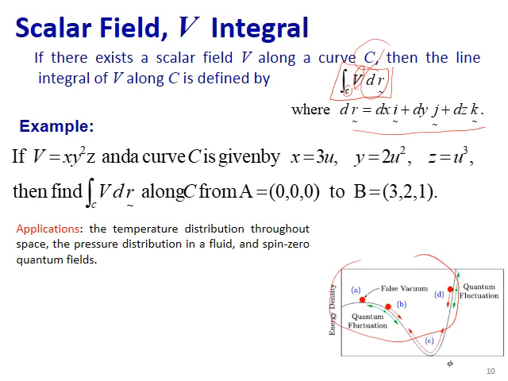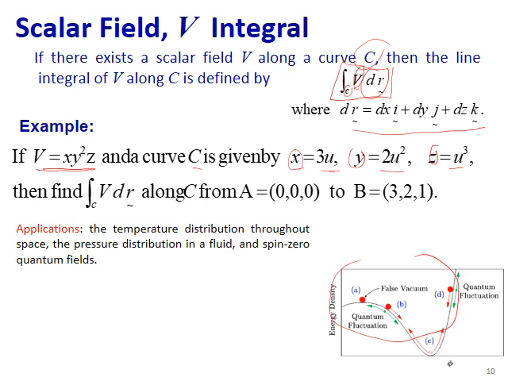Now, for this method, we have a procedure we need to follow. See in this example, it will be clarified. You are given a scalar which is V equals x y square z, and the curve C, this curve defined by x, y, z. X, y, z are functions of u, as you can see here. Here 3u, here 2u square, here u to the power 3.